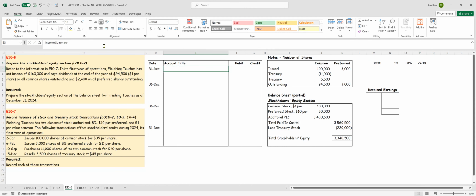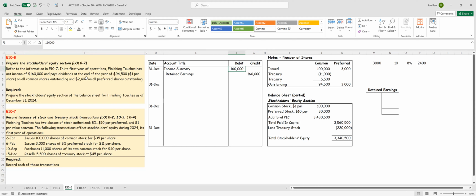So let's first take a look at this. We have income summary debit, retained earnings credit, and this is basically to record the $160,000 net income. So again, to recap from previous chapters, throughout the year, when you have revenues earned, you credit revenues. When you incur expenses, you debit the expenses.